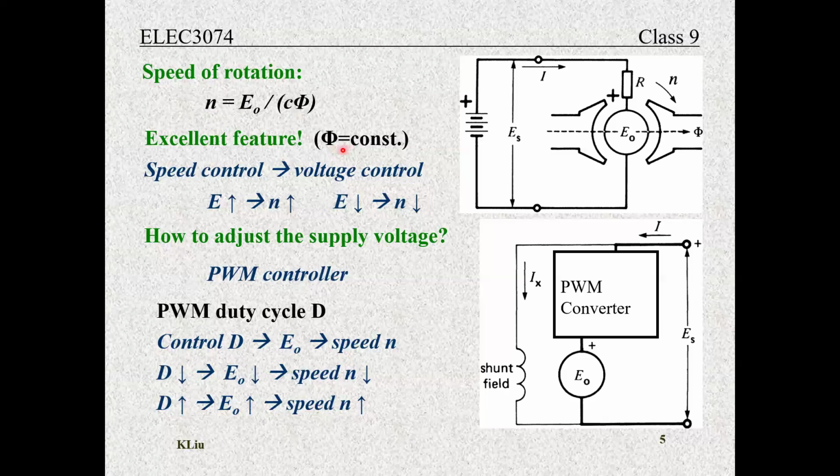We can make the magnetic field constant. If we make the magnetic field constant, then the speed control is left up to the voltage control.